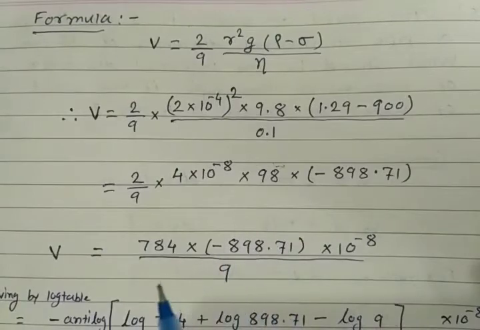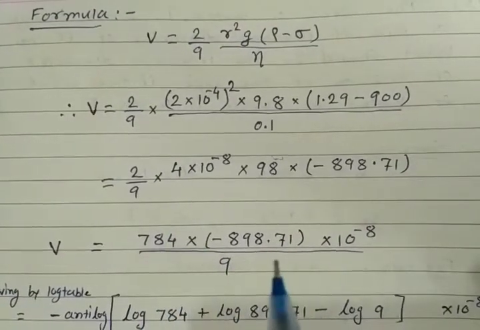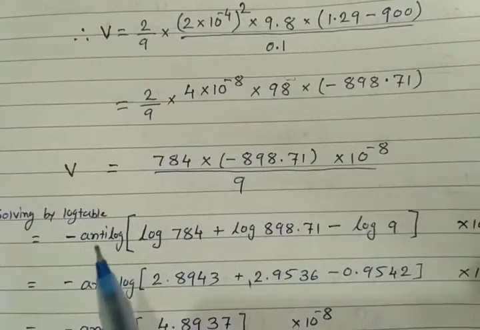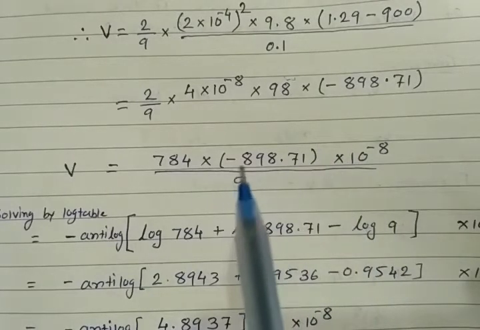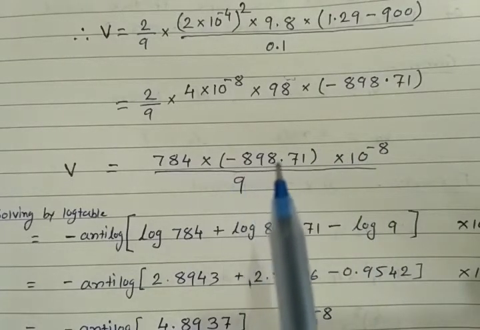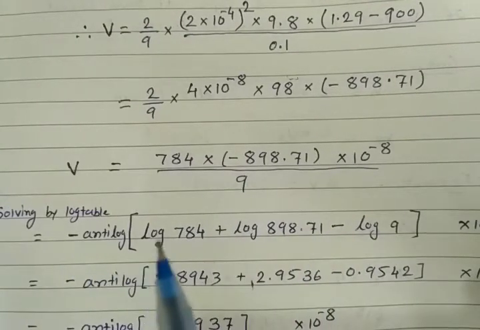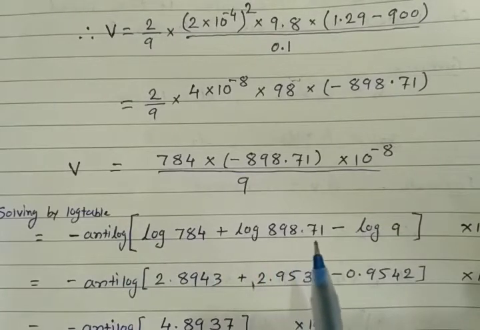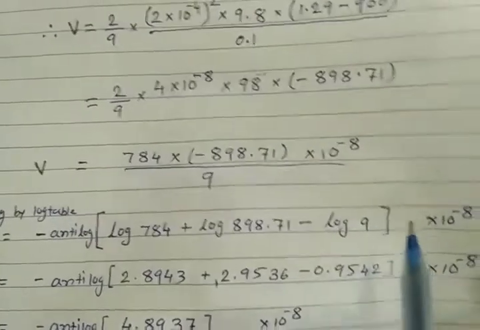On solving this, if we solve using log table, here we have this minus sign, minus 898.71. So therefore minus antilog, log of 789 plus log of 898.71 minus log of 9. This 10 raised to minus 8 is taken over here.